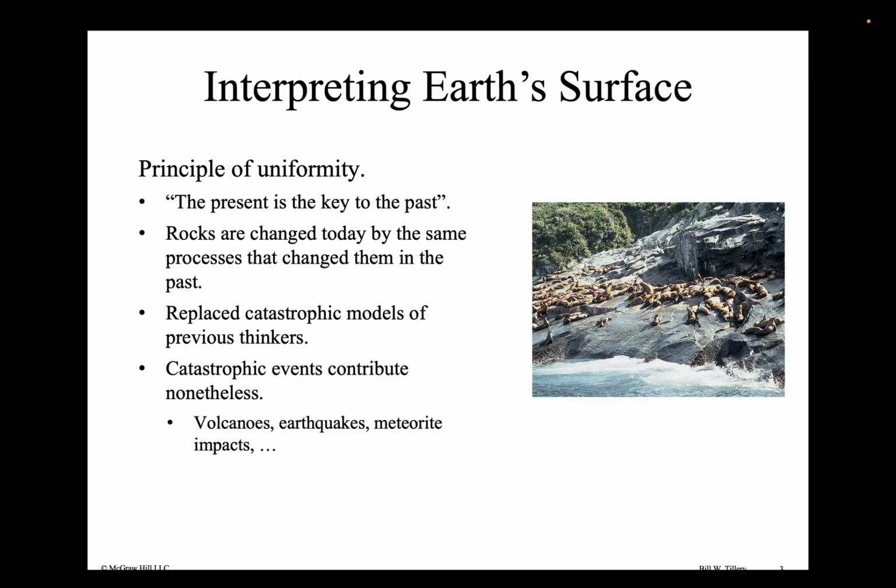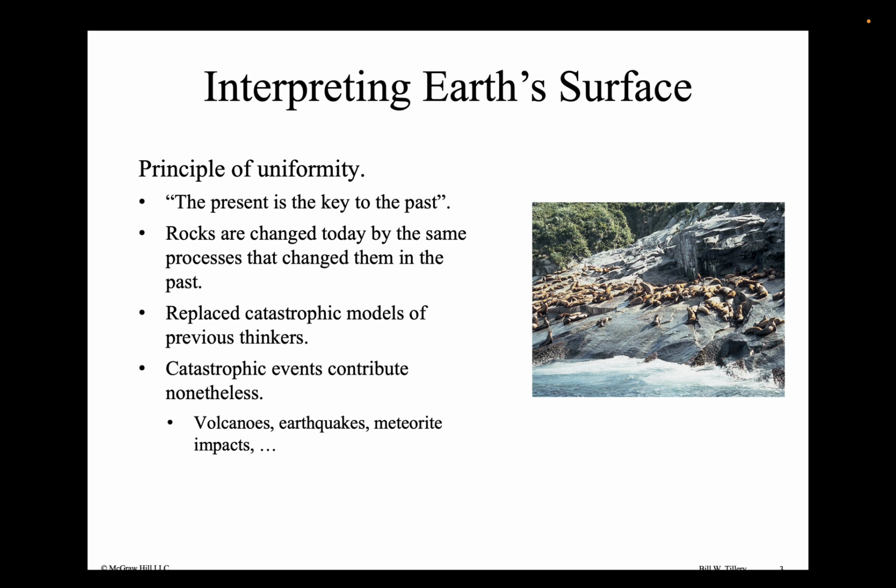Before we move on into some of the deep concepts, I wanted to bring in the principle of uniformity, which tells us that the Earth's history can be understood, can be interpreted, by tracing backwards. So you look at the present to understand what happened in the past.